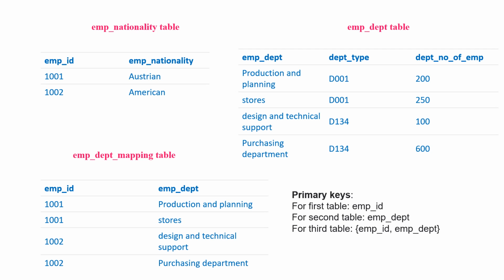In the employee department table, the employee department is the primary key. So here we can determine the department type and the department number of employees. Then in the employee department mapping table we have the employee ID and the employee department. Both are foreign keys which reference the employee nationality table and the employee department table.